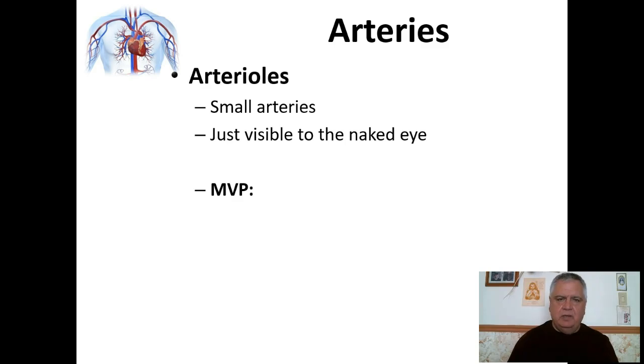Now, an MVP here, and my background is in sports medicine, so I kind of co-opt that. Normally we think of MVP as the most valuable player, but in this case, MVP is going to be a most valuable point. So this is a good point to keep in mind.